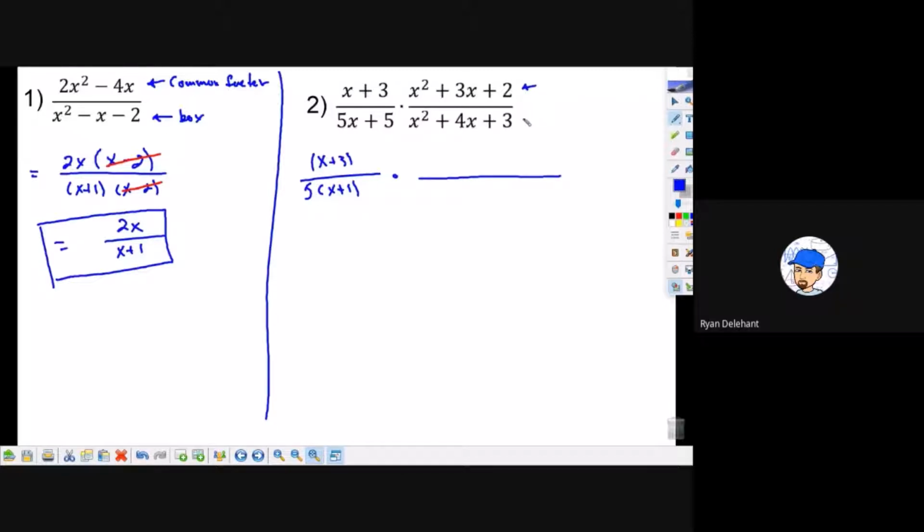These two are quadratics, and we're going to need to use the box to factor those. But since the lead coefficient's 1, we're looking for the factors of 2 that add together to 3. I'll read it from the back forward. 2 added together to give you 3. So that's going to be plus 1 and plus 2.